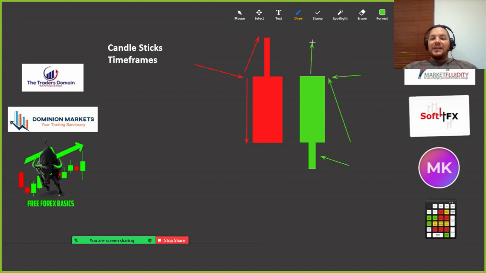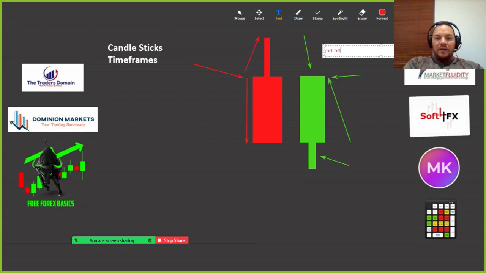Now the fact that there's no wick here means again that there is a 50-50 chance for price to continue moving in your direction.